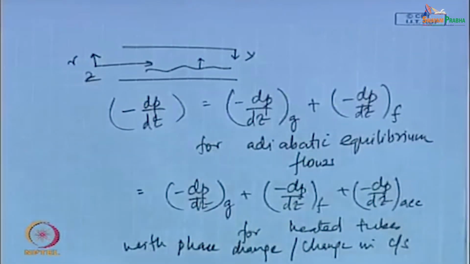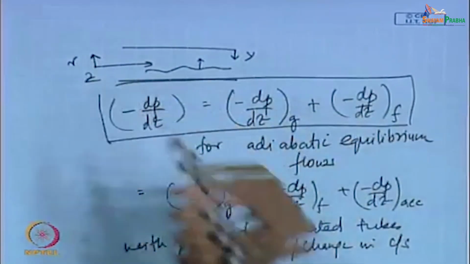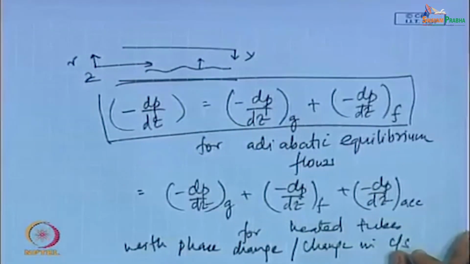But under normal circumstances, for flow in pipes, for adiabatic equilibrium conditions, for single phase flow situations, this is the expression of the pressure gradient.